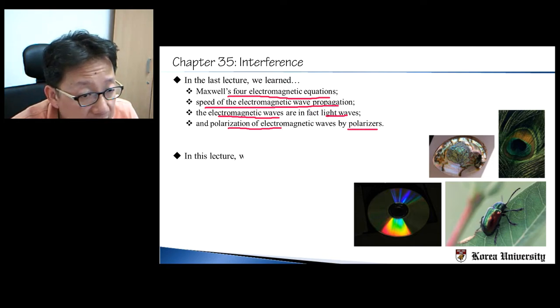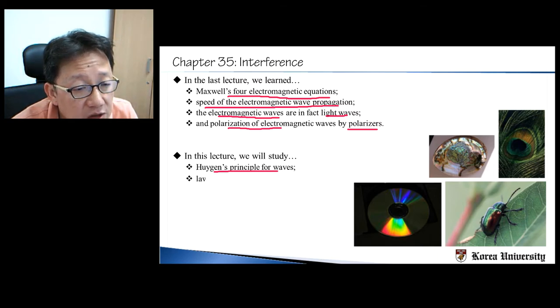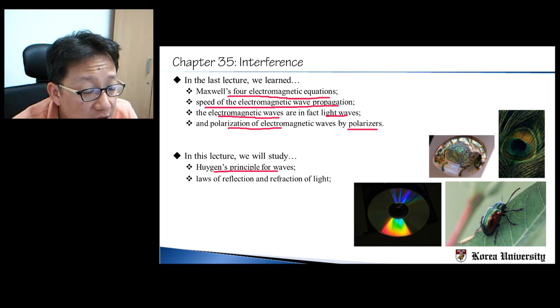Okay, and using these transverse light waves, we learned how to polarize these waves by using polarizers. And in this week we will study the Huygens principle for waves, and then using it we will also learn the laws of reflection and refraction. And in doing so, we will learn the concept of the index of refraction.